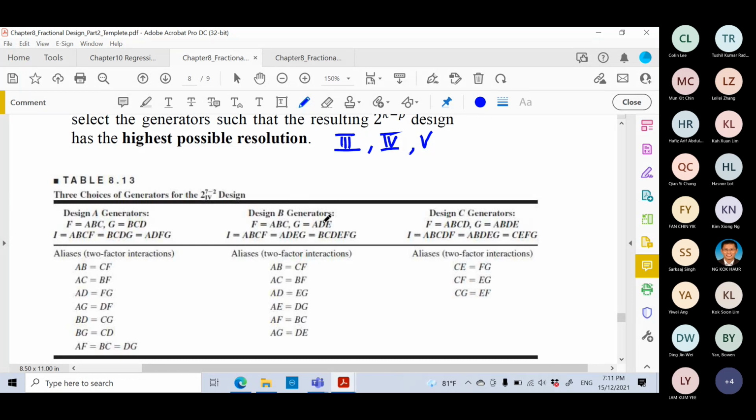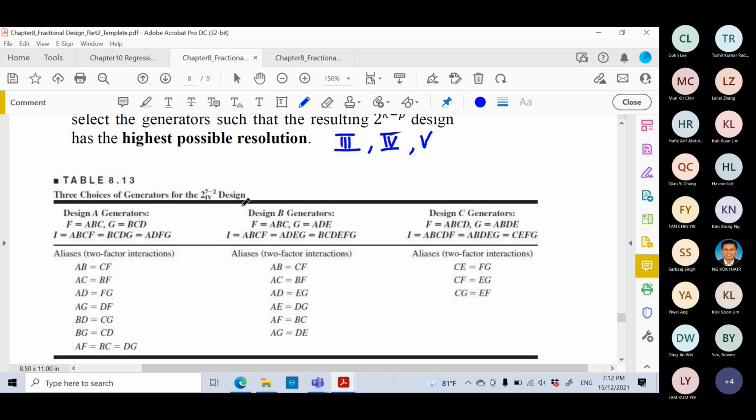We don't want to use BCD, we use ADE, so we will end up with I equal to ABCF and so on. This is the second generator set we consider. This is the third one. If we consider F equal to ABCD and G equal to ABDE, then we multiply out. These are the alias structures we obtain.